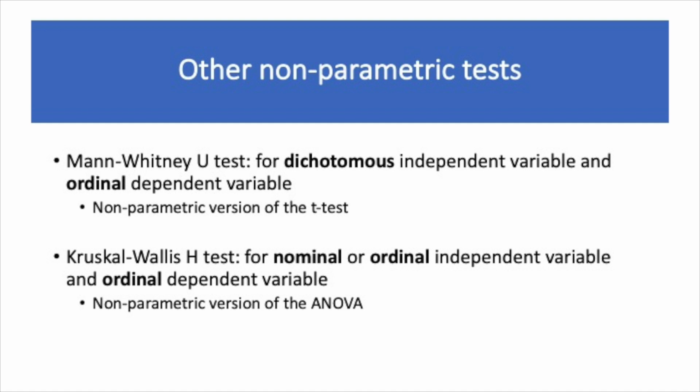Finally, the Kruskal-Wallis H-test, this is when we have a nominal or ordinal independent variable and an ordinal dependent variable, and this is the non-parametric version of the ANOVA, right? Because we have our ordinal dependent variable instead of an interval ratio variable. So do remember these as other non-parametric tests that you could potentially use depending on the types of variables that you have.